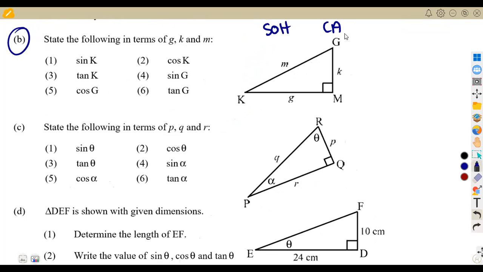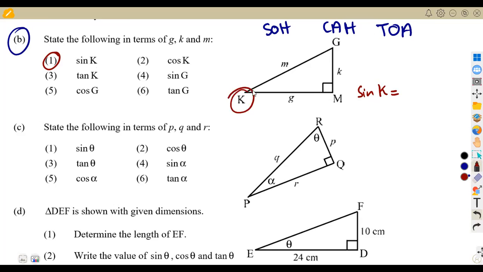That is the sine of theta, the cos of theta, and so on. So the first one, question number one, is the sine of k. That is question one, the sine of k.